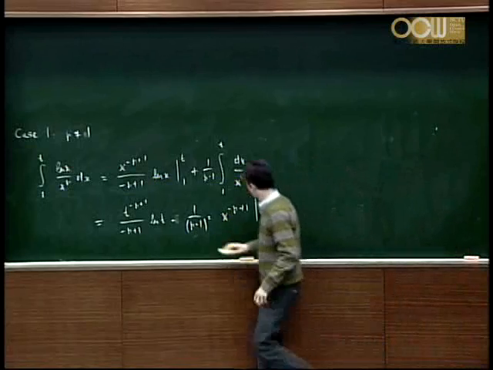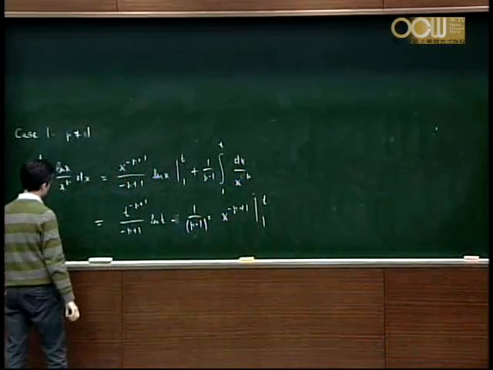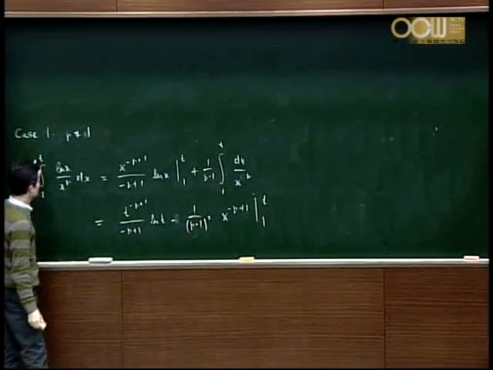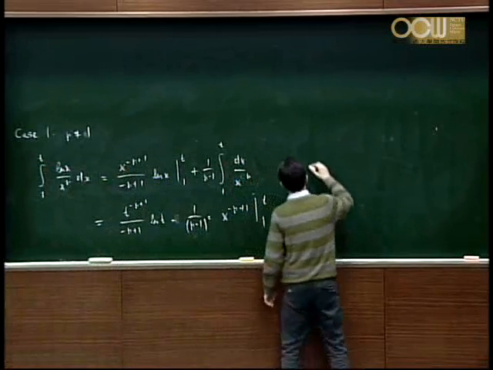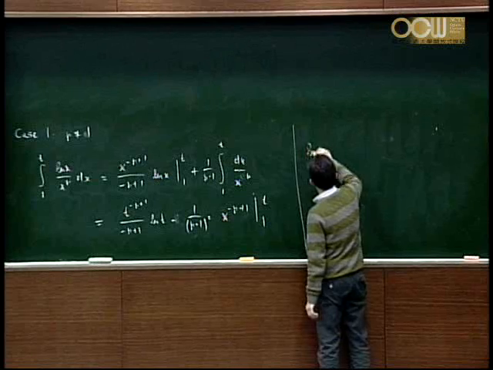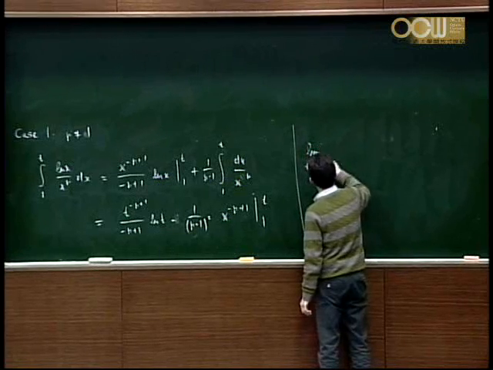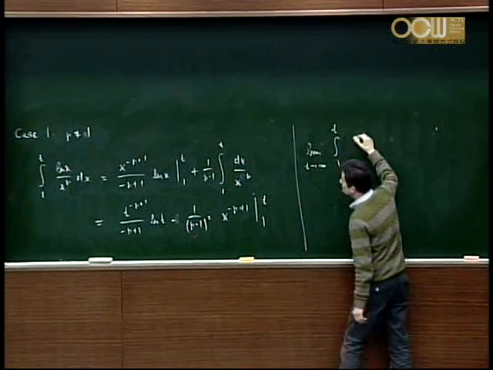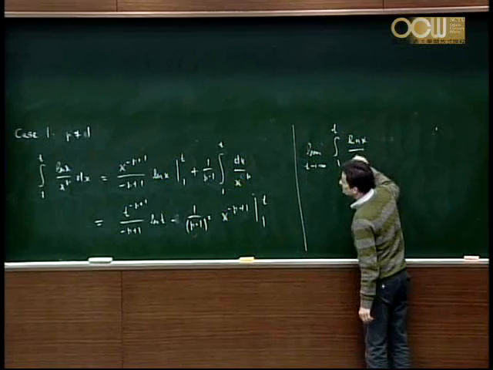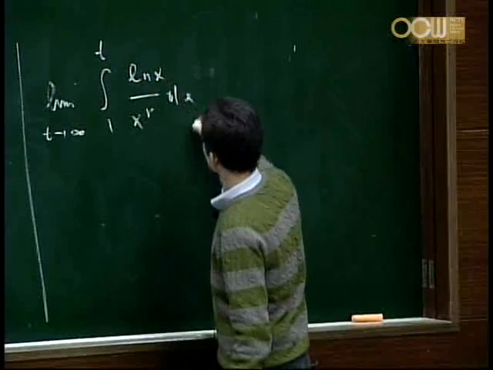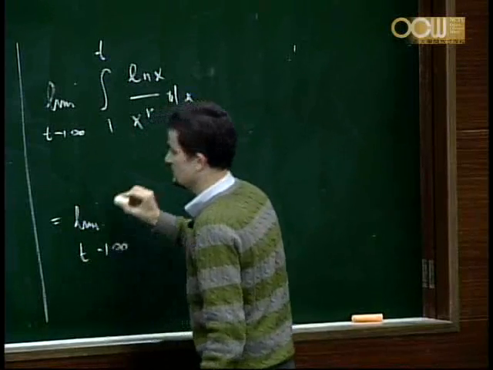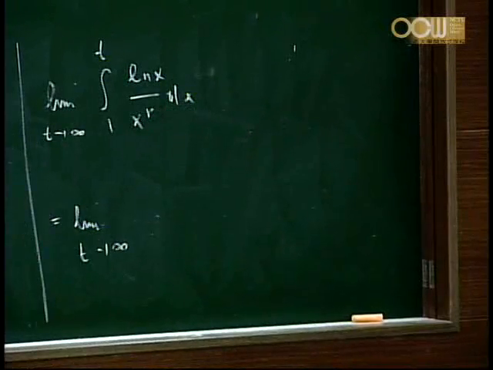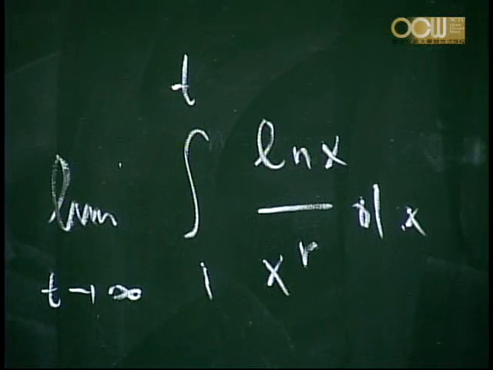Now, from this form, you see already that what we want to do is take the limit as t tends to infinity. So we have to look at this limit here. Let's write this as the limit as t tends to infinity. Let's first consider the part with t.